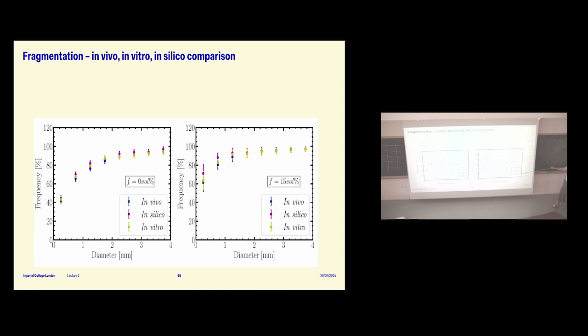I haven't got that, because you can use the same data to plot that instead of what I plotted here. But we do have it for both the in vivo, in vitro, and in silico, and they quite agree as well. They're quite close. That I don't know actually. Maybe we should have a look at that and see what distribution they're following. Yeah, thank you. More questions before we go on?